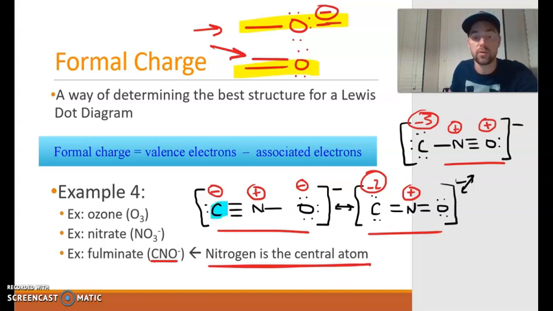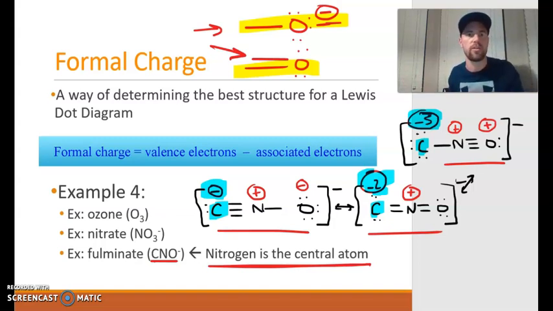Carbon is the least electronegative. And do you see that no matter how we drew it, carbon always had a negative formal charge? That shouldn't be. Carbon should not have a negative formal charge, but there's no way around it. There's no way to draw a fulminate with carbon not being negative. And that's what makes fulminates actually extremely explosive, because they're very unstable ions to begin with.